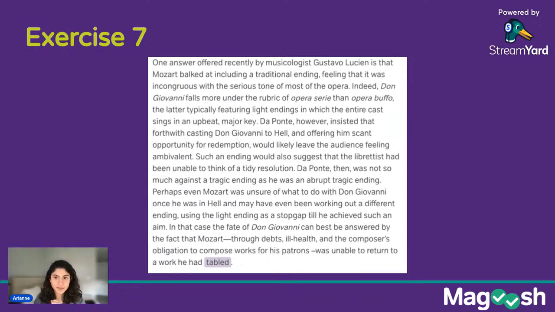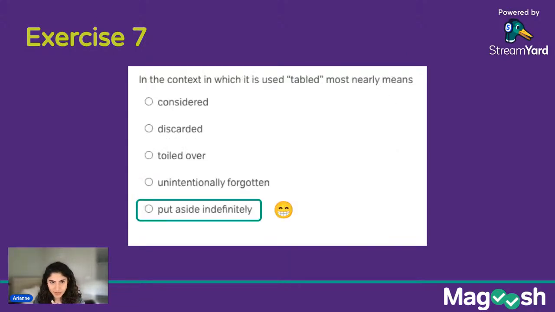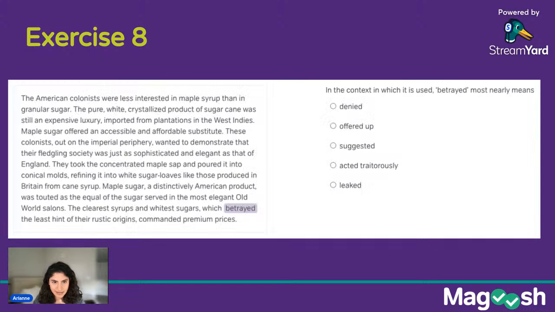If you're watching this recording, we're not going to do this one. We're going to skip it because it's one of the longer passages. So let's go over to exercise 8 instead. I was planning on giving you the long passage so you can read it on your own time, but we're running a little bit out of time here.